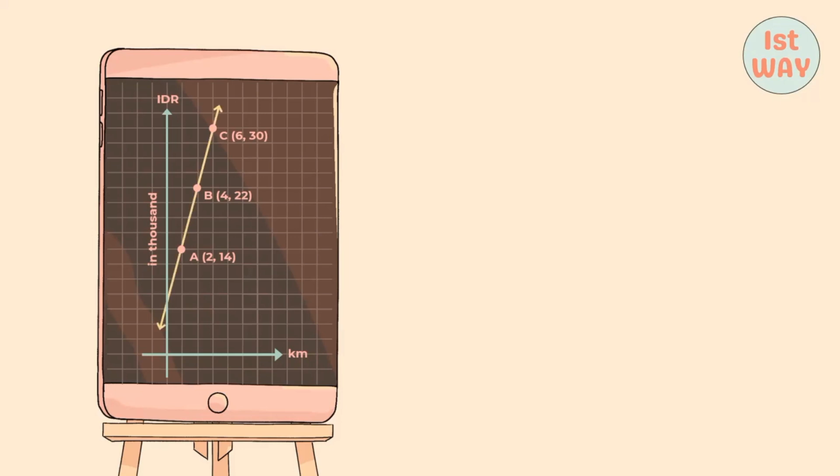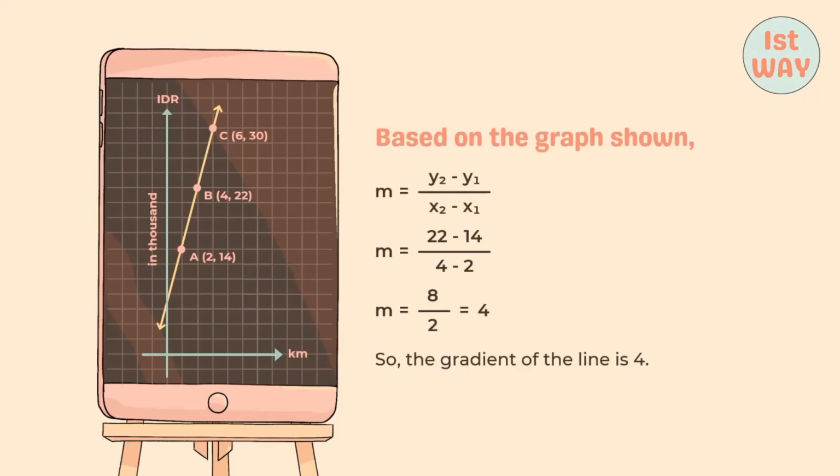Now, we already have a straight line. Let's find out the gradient of this yellow line. We can use the formula that we found before: m is equal to delta y over delta x. And then, choose 2 points to be the first and the second point on the straight line. Here, I choose point A and point B. But if you want to take points B and C, or A and C and so on, it's okay, because the final solution will be the same.